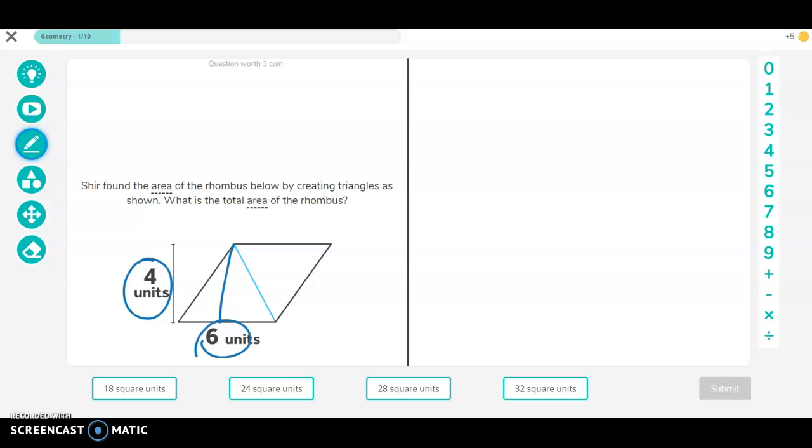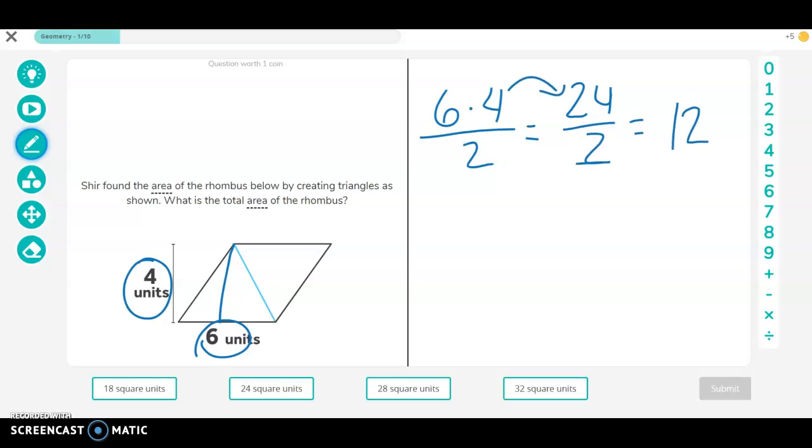So we're going to do base times height divided by 2. So we get 24 divided by 2, which is 12, because 6 times 4 equals 24. This just carries over. 24 divided by 2 is 12, and that would be units squared. So this triangle is 12.